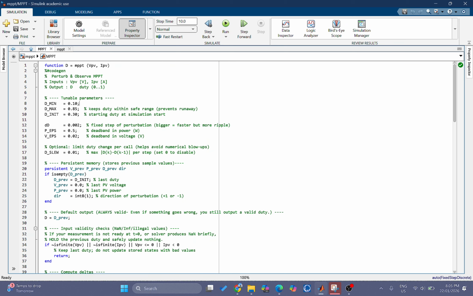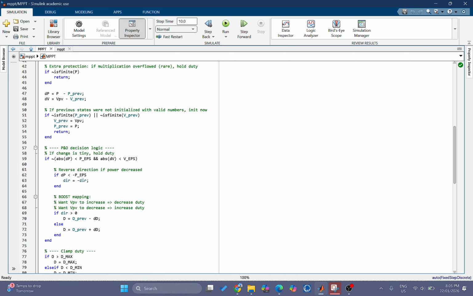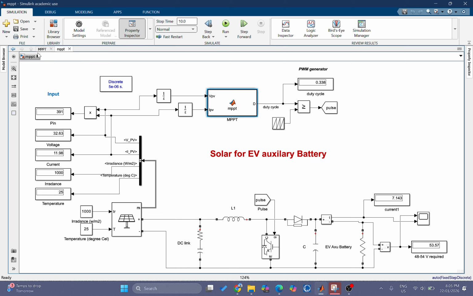I have written all the descriptions here, so it's very clear when you go through the code. Now, in case of the duty cycle, I am getting around 0.338, and the MPPT algorithm outputs a duty cycle between 0 and 1.